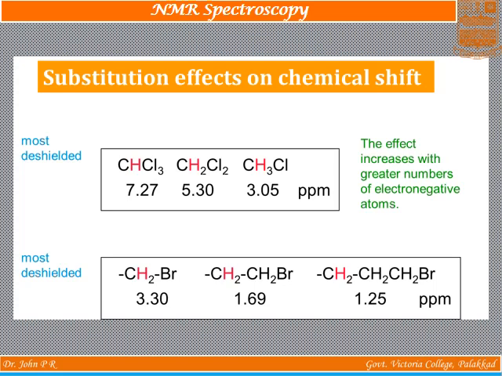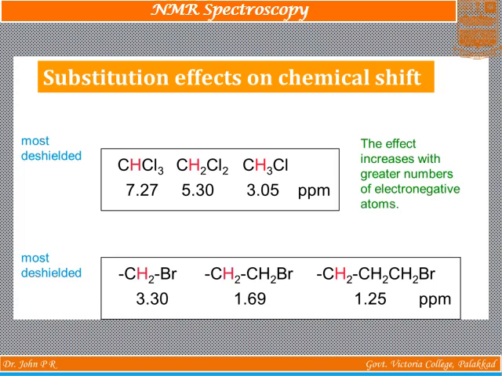Now let us consider the cumulative effect of electronegative atoms in a given molecule. Consider chloromethane CH3Cl, which contains only one chlorine. Therefore, the hydrogens resonate at 3.05 ppm.